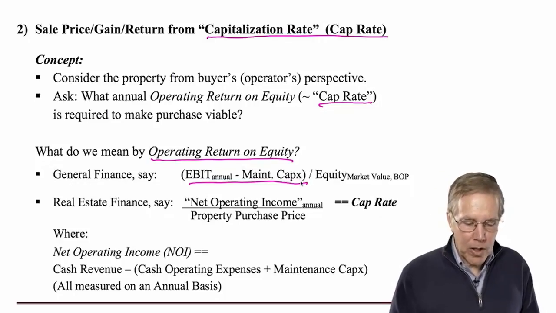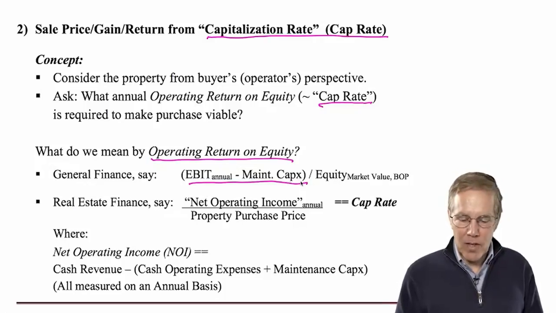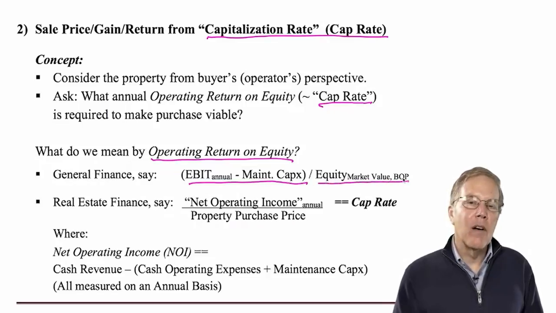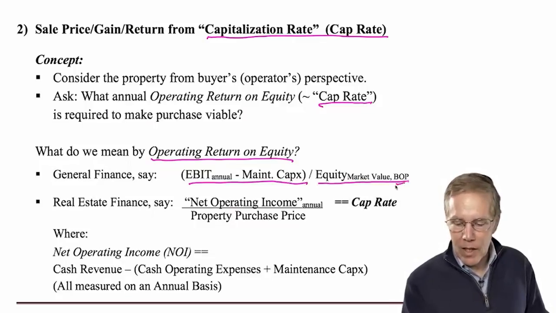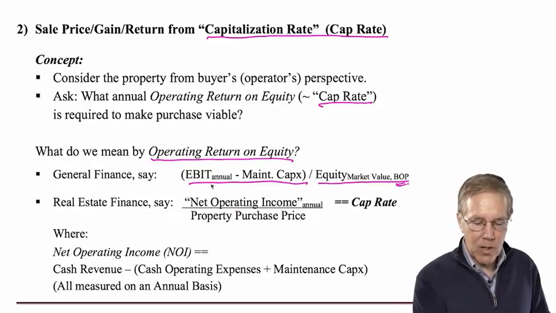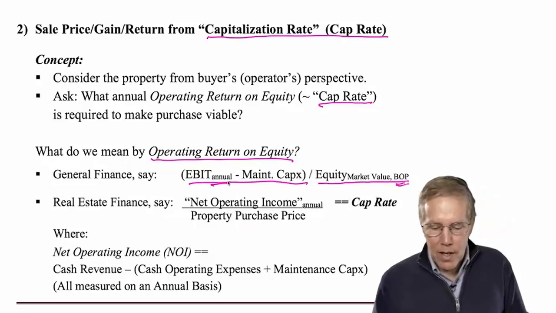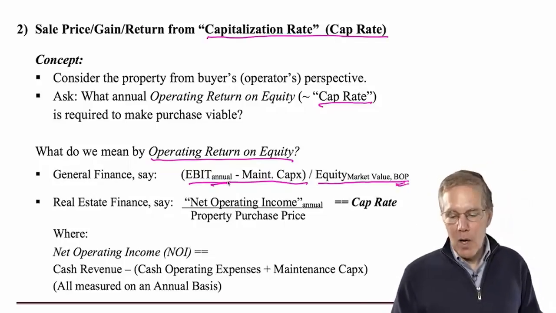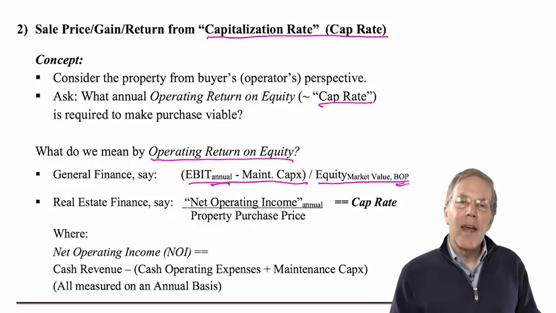So our earnings before interest and tax minus our maintenance capital expenditures, divided by the market value of the equity of the entity or the project or the property at the beginning of the year. So this is annualized EBIT in our first year divided by the market value of the equity at the beginning of the period. In real estate finance, we just morph this a little bit into something very similar.